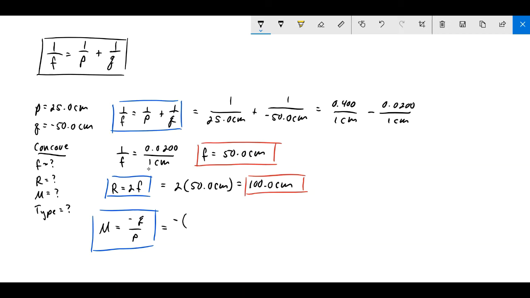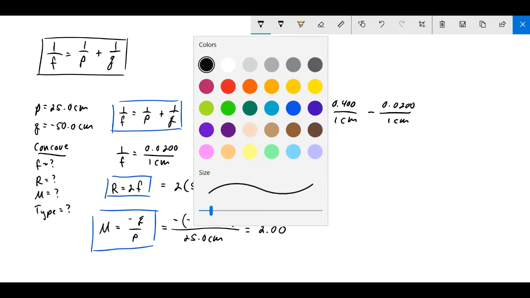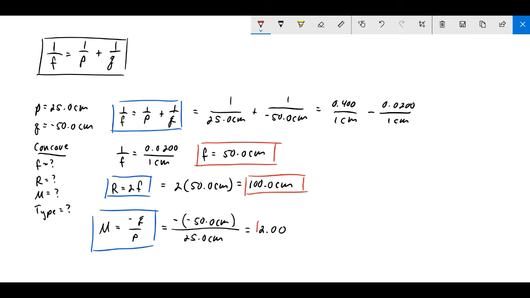Now remember, q is also minus, so I have minus 50 centimeters divided by our 25 centimeters for our object distance. And we can see that this is simply going to be positive 2. So this is our magnification, right? The object that we see is 2 times bigger than what it actually is.